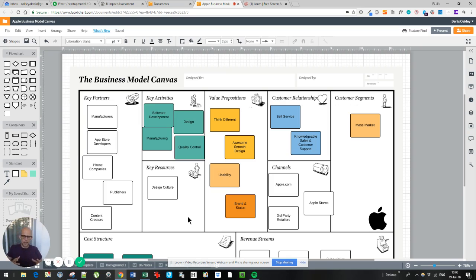And so that is a key resource, because the design culture goes out into the think different, it delivers the design, it delivers the usability, and as a result of a lot of that, it delivers the brand and the status.